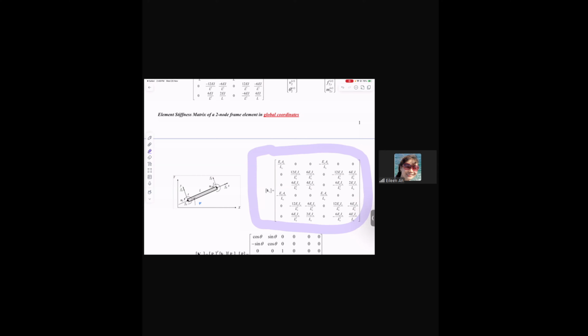But this is actually the one for its local coordinate system. And you need to, because you have 2 elements, and those 2 elements are using different local coordinate system, right? So you have to solve the problem in the local coordinate system.